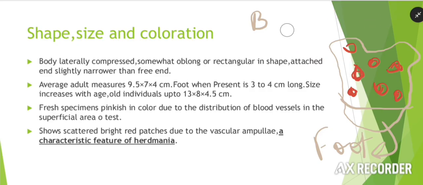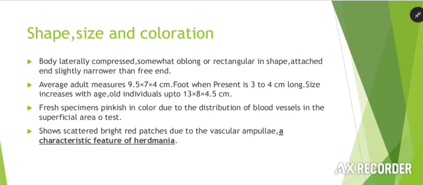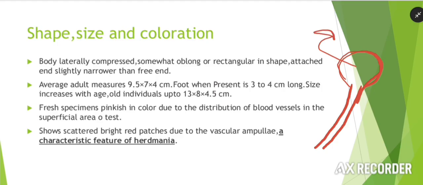So let's see here. Suppose these are the blood vessels. Okay, so the terminal region, the end region of blood vessels gets swollen. So this region is now known as ampullae.